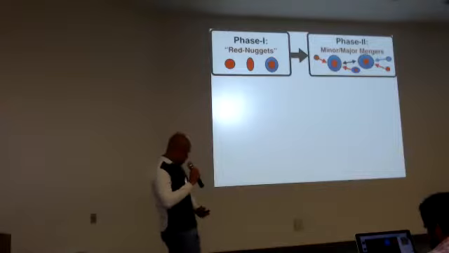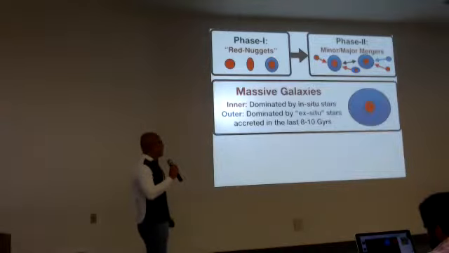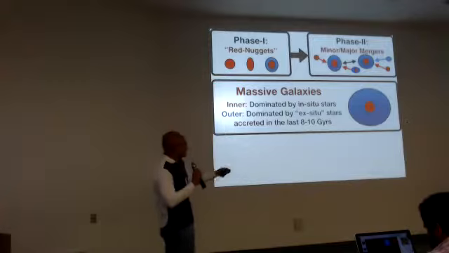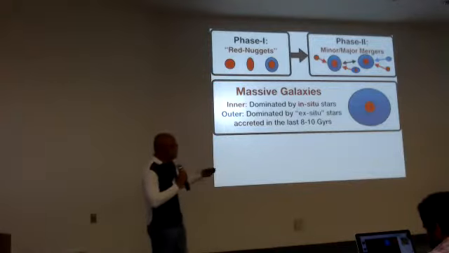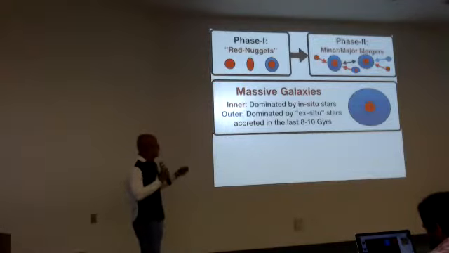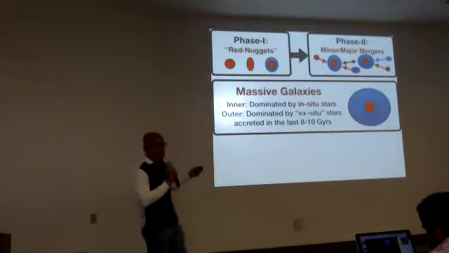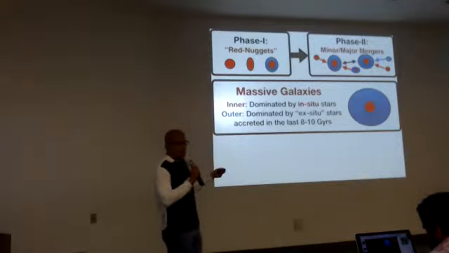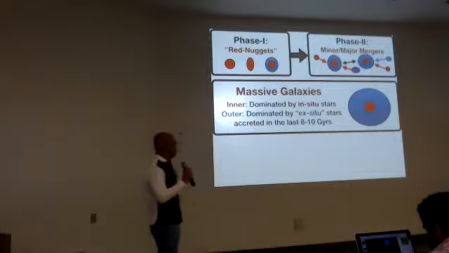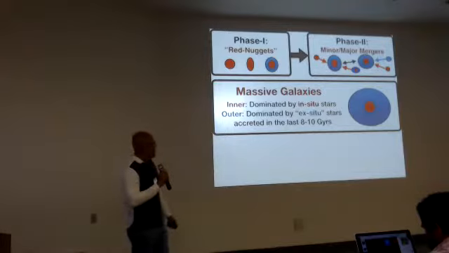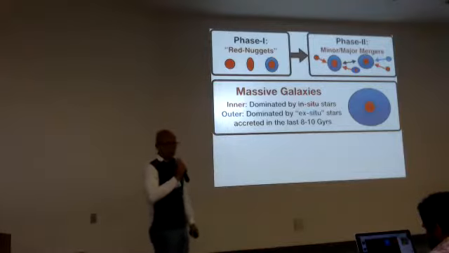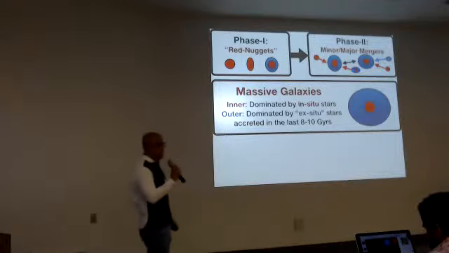So as a result of this picture, in the nearby universe, if you look at massive galaxies, the inner region and outer region are actually dominated by stars that formed in different halos and have different assembly history.